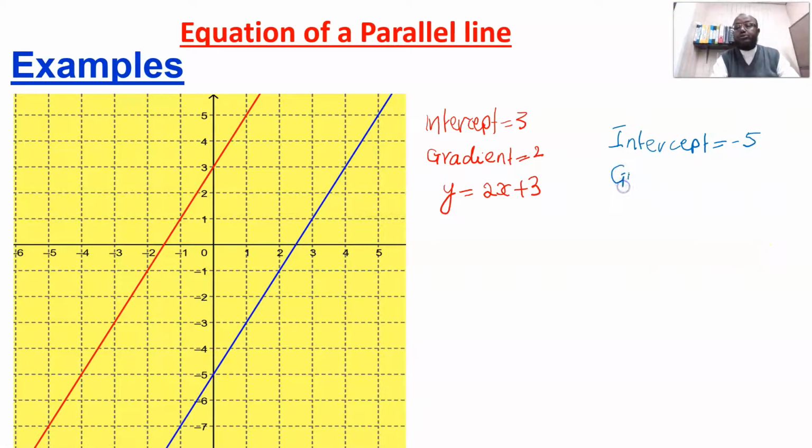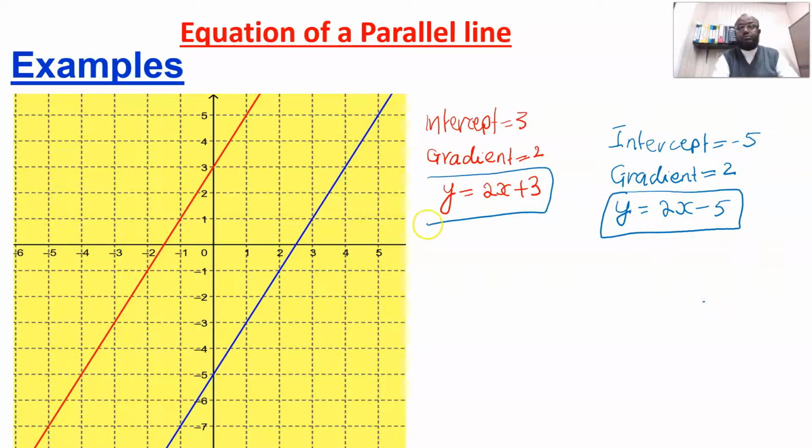What about the gradient of the blue line? The gradient is 1 step, 2 steps up. 1 step, 2 steps up. So the gradient is 2. What's the equation here? y equals the gradient times x minus 5. So that's the equation of the blue line, and that's the equation of the red line.